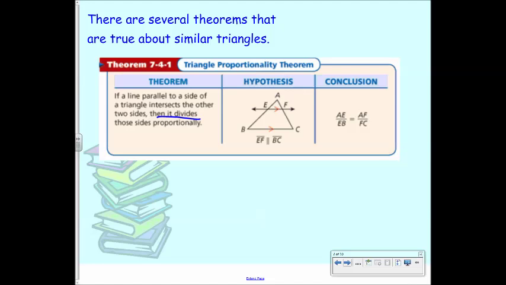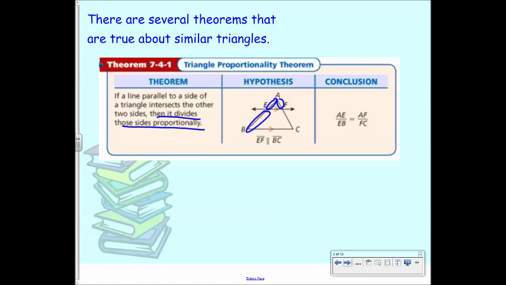All right, so for instance, in this triangle, EA would be proportional to AB. So this little piece is proportional to AB, and AF is proportional to AC. Sorry, AF and FC. It divides these proportionally. So this and this are in the same proportion as this and this.